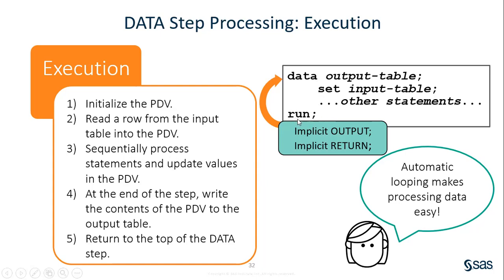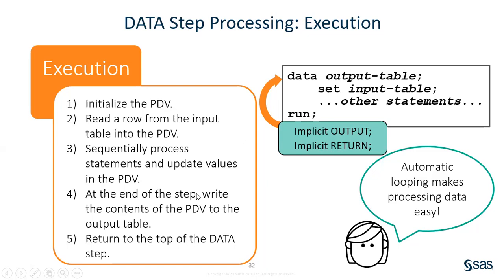So when run is encountered, it's an indication to SAS that the data step has come to a halt. So the contents of PDV have to be immediately written to your output data set, and it is also an indication that this data step has to be processed again for upcoming rows from input data. Hence, with run, it implicitly returns to process the next row from input data.